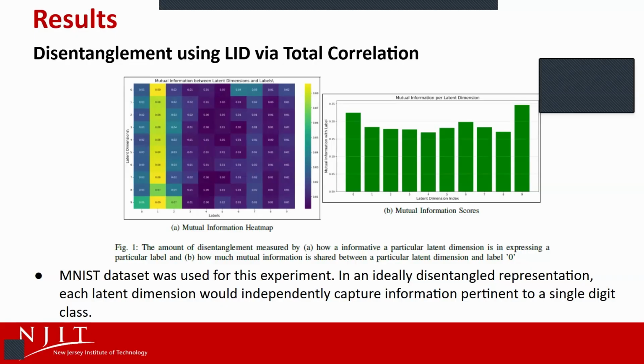Moreover, the uniformity of rows in the mutual information matrix suggests that the latent features are functioning similarly, indicating an absence of feature specialization or disentanglement. This observation is reinforced in figure 1b, which reveals that latent features share an approximately equal amount of information with label 0, further confirming the lack of disentanglement in the learned representation.